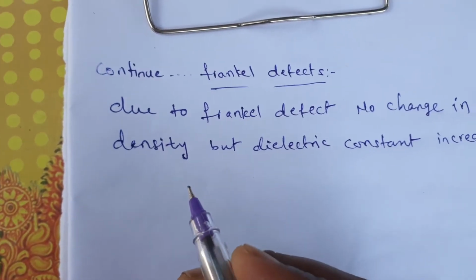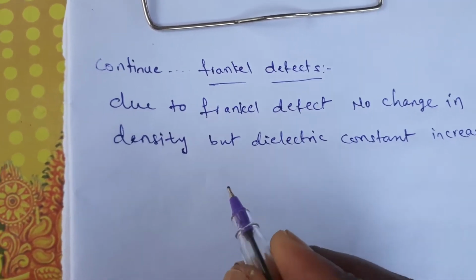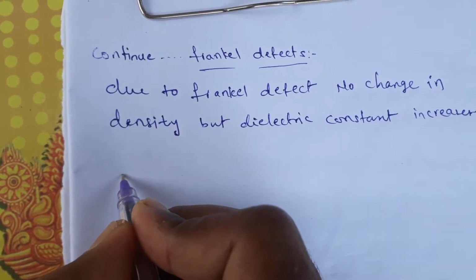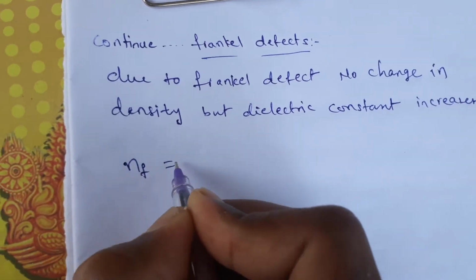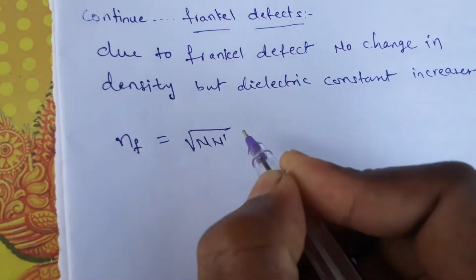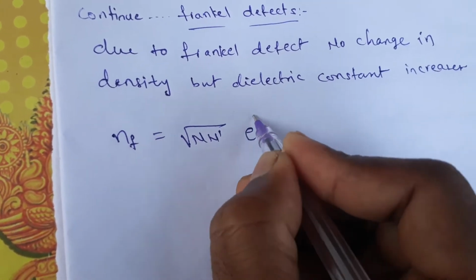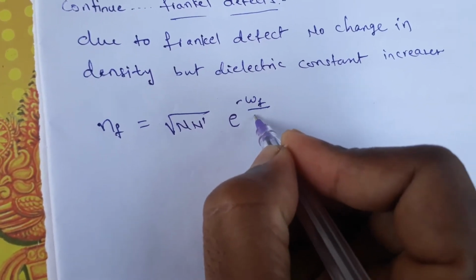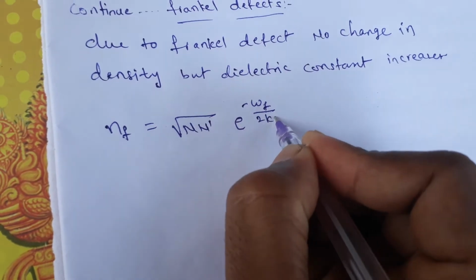So here, the number of Frenkel defects we can measure by using the formula. Number of Frenkel defects is equal to square root of N into N prime into e to the power of Wf by 2kT.